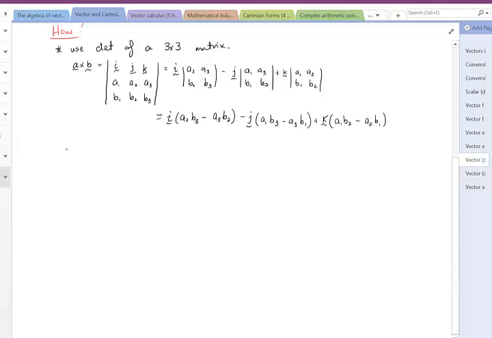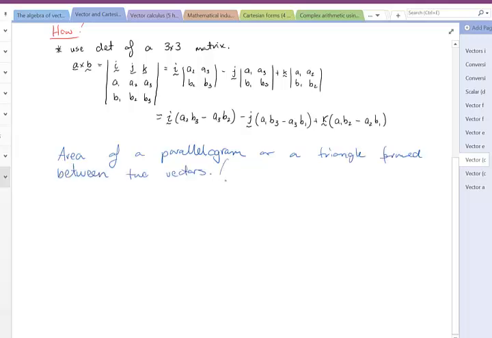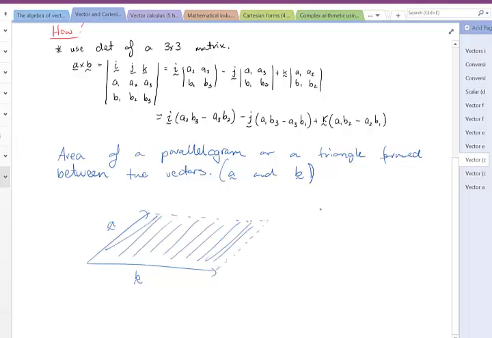So if we consider the area of a parallelogram or a triangle formed between two vectors, and we'll say vectors A and B again, and this will just be in 2 dimensions, so this is vector A and vector B. Now, if we consider this as a parallelogram, so let's extend this out, and we can see there's an area in this space. Now, we know that the area of a parallelogram is base multiplied by height.